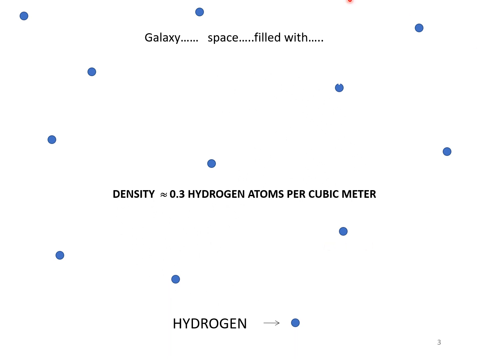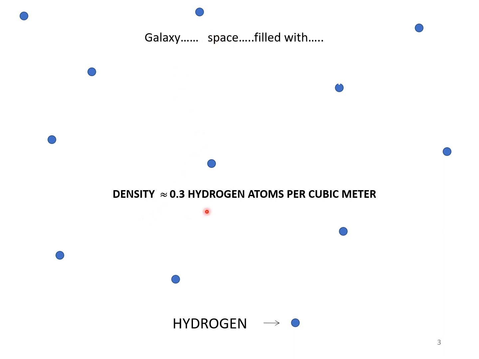So let us say this is the concentration of hydrogen which is present in the galactic space. It is found that the density is very, very low.